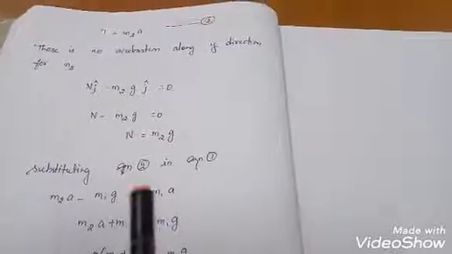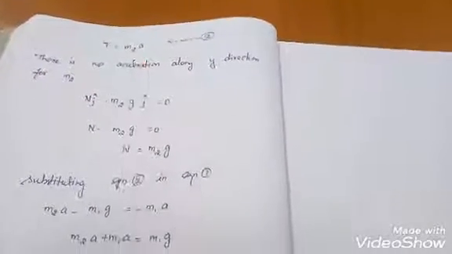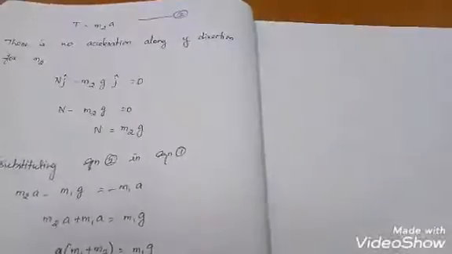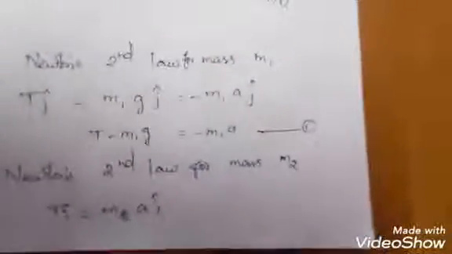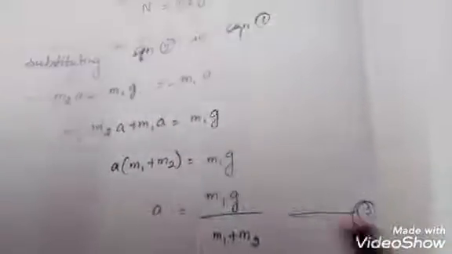Now we substitute equation 2 in equation 1. The tension value is m2a. So m1g minus T equals m1a, and we write m2a plus m1a equals m1g.